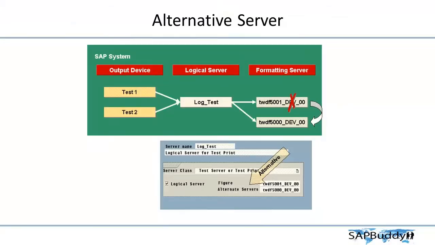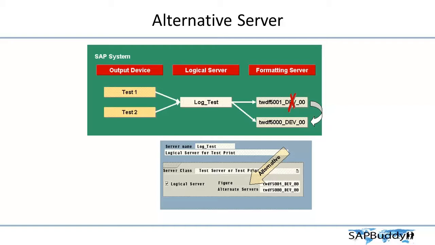Now if you see, we have an alternate server. The alternate server means, let's say you have many printers and you created one logical server and you assigned it to one actual server, that means one specific server. Let's assume this particular application instance, application server, is not available. Then what happens? For that reason, we have this alternate server.